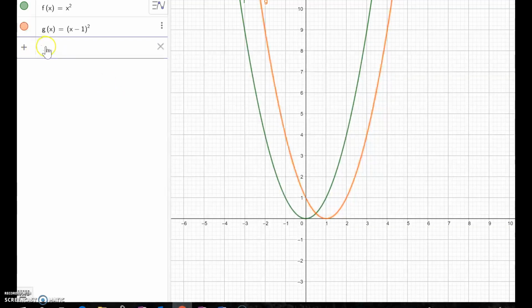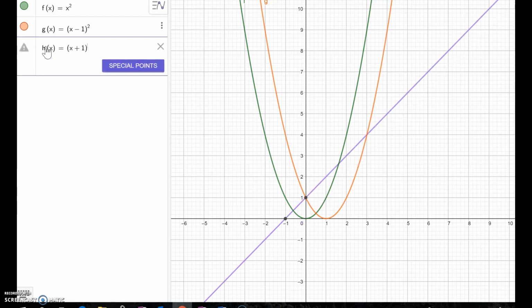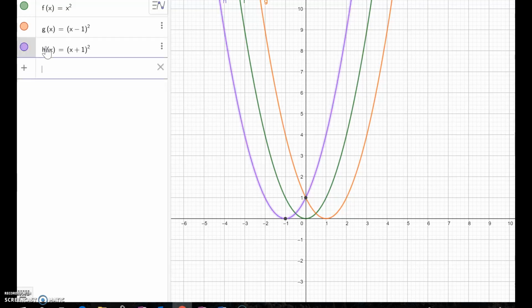I'm gonna make another function h(x) equal to (x plus 1) squared. To make it look easier, I'm gonna turn off the g(x) function. Then now you see the green one is the x squared function. The purple one is the (x plus 1) squared function. So as you see, it moved 1 unit to the left, right?